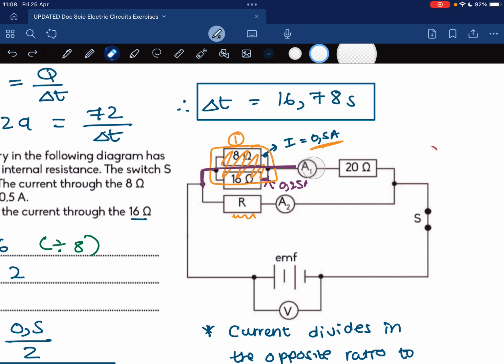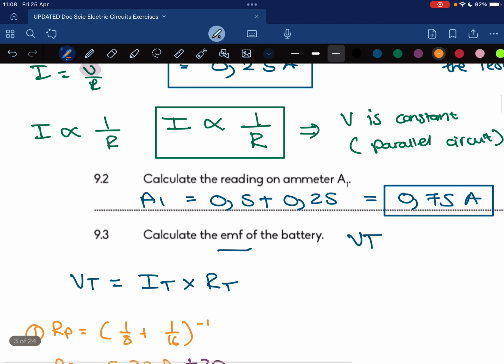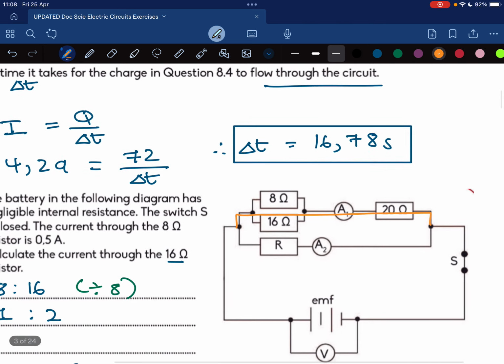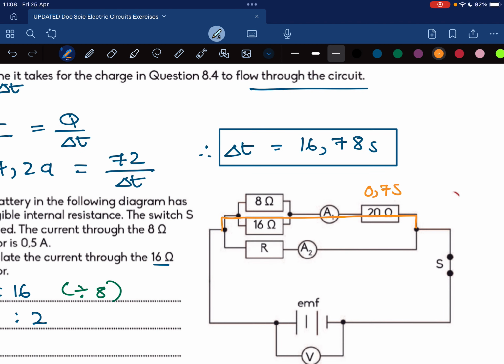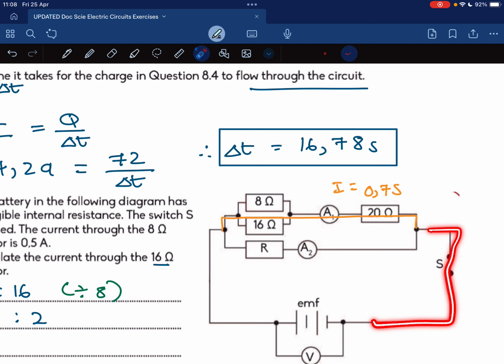But I have found helpful information, because I just found what the resistance is in this part, and I know the total current. I just calculated it to be 0.75. If I know the current and the resistance, I can calculate the voltage through this part, which is equal to the voltage here. Do you see any other resistors?